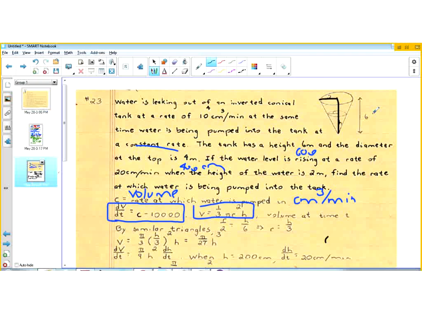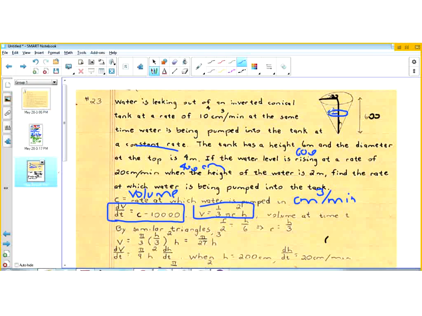So this is a right triangle, what I've just outlined in black. All right, and we know that the height of that right triangle is 600 centimeters, and its radius, or the base length of this right triangle, is 200 centimeters.